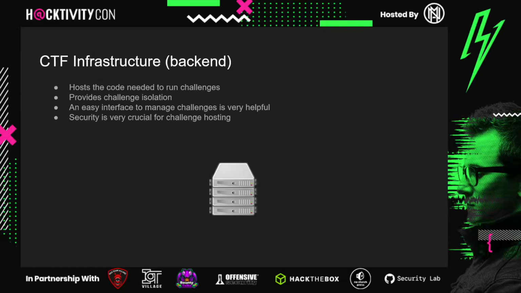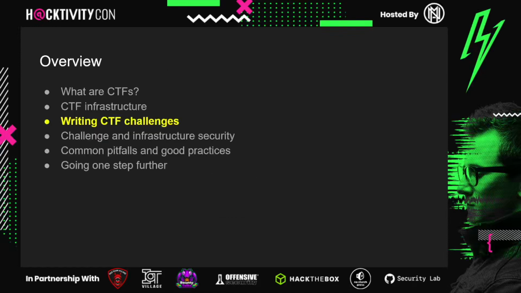The main thing about hosting these challenges is they do have some sort of vulnerability in them, but you need to make sure there's no unintended vulnerability. You need to make sure that security is definitely the top priority. So this is a little overview on what the actual infrastructure is. Let's start getting into writing these challenges.